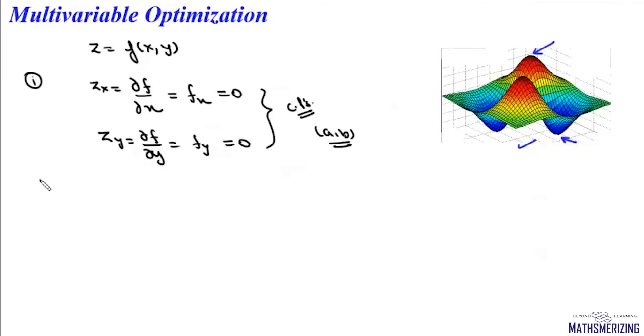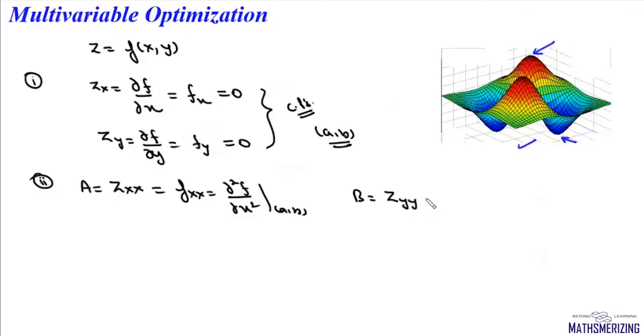For that, we'll use the second derivative test. For the second derivative test, we'll find zxx, that is, the second derivative of f with respect to x at this point (a, b), and we'll call it, say, capital A. We'll find B, which is the second derivative of the function with respect to y, also fyy, del square f upon del y square at the point (a, b).